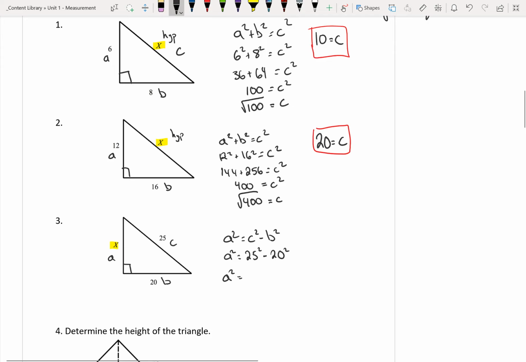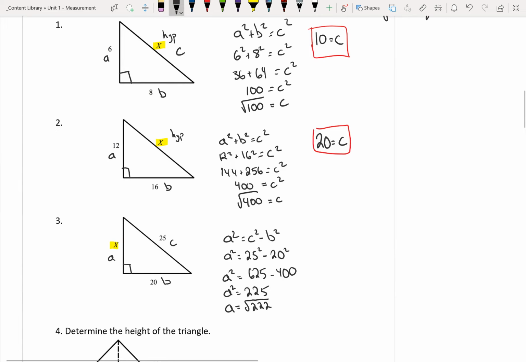So we have 625 minus 400. A squared is equal to 225. And again, I want to square root to get what A is.